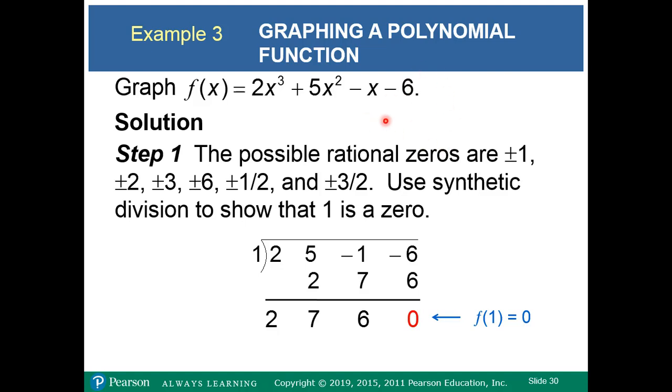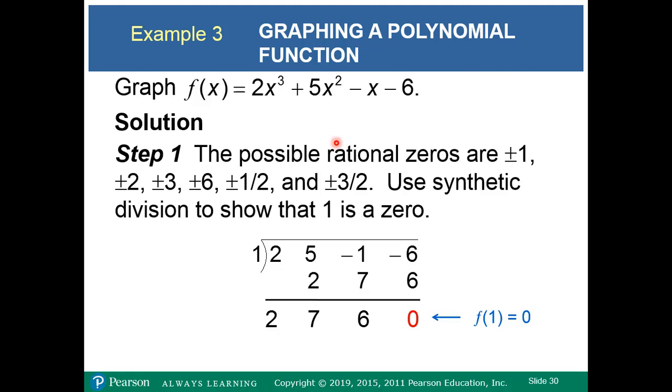And so therefore we get a 0. That's how you test to see if 1 is a 0. If the coefficients add up to 0, then 1 is a 0 of the polynomial.